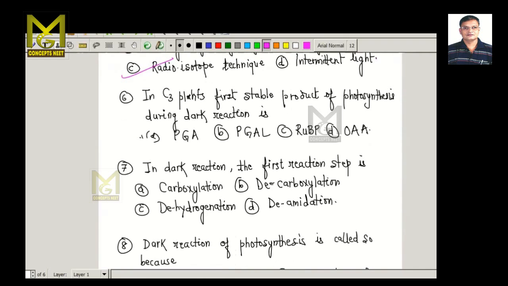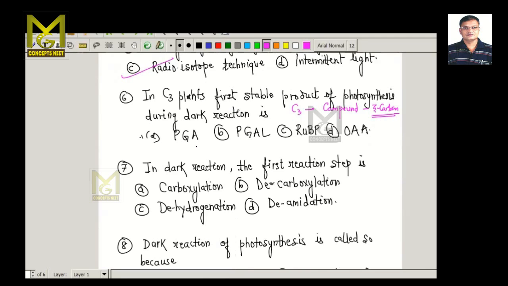In C3 plants, the first stable product of photosynthesis during the dark reaction is? Because it is C3, the compound formed in the Calvin cycle is a 3-carbon compound, and therefore we call it a C3 compound.